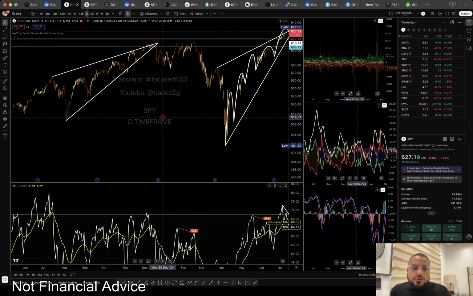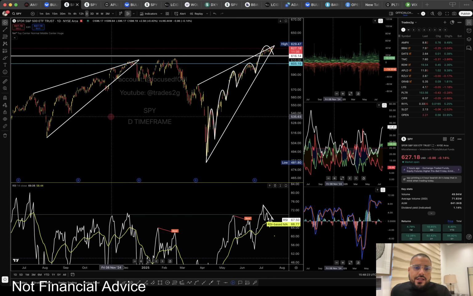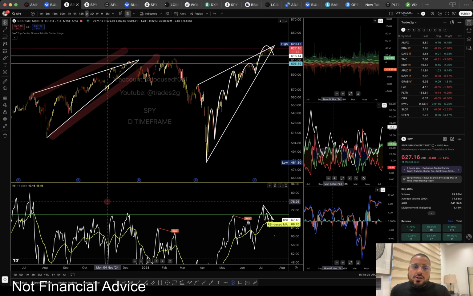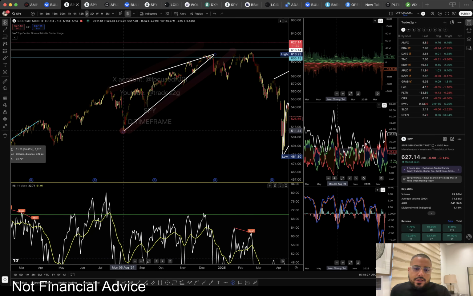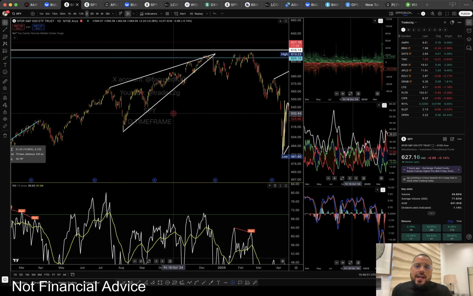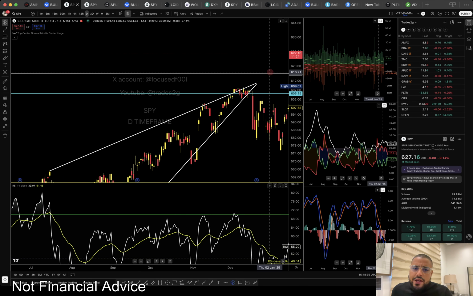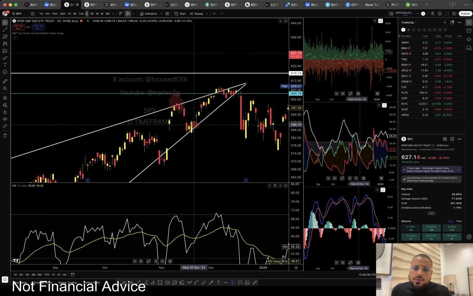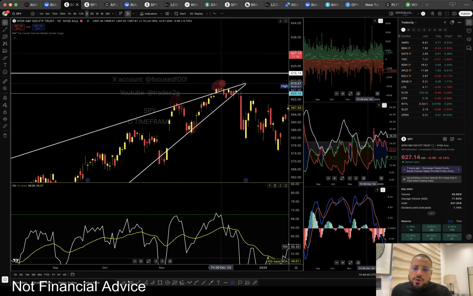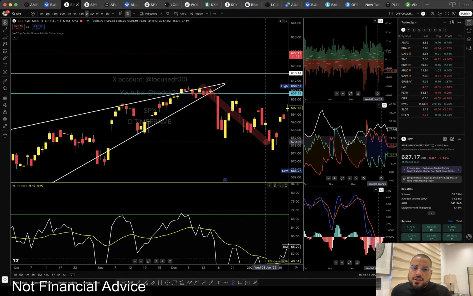I also drew an ascending triangle wedge from previous highs and lows back in August of 2024 and July 2024. Let's take a closer look. We had rejection, support, rejection, support, support, rejection.